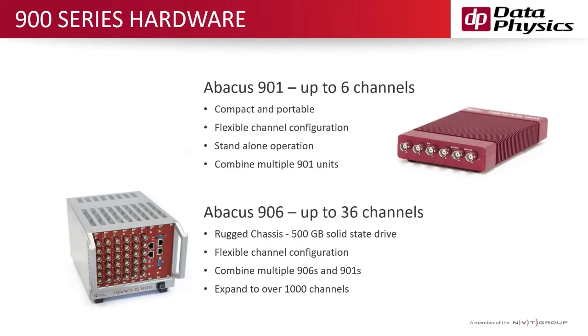The 901 can operate in standalone mode. That means you can initiate a test and simply disconnect from the computer and walk away, and the system will start acquiring data. You can also set it to stop automatically, or you can come back and connect to it and control the test.